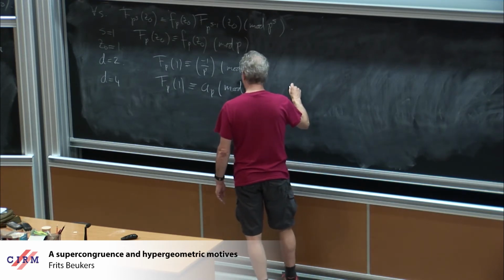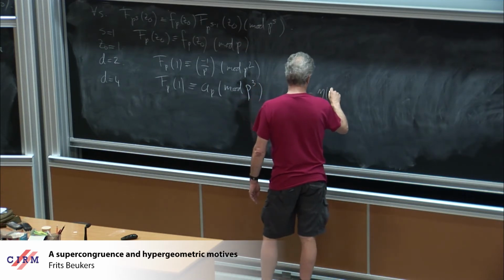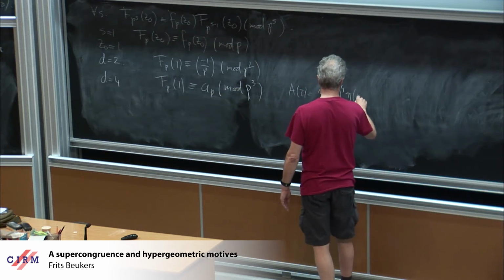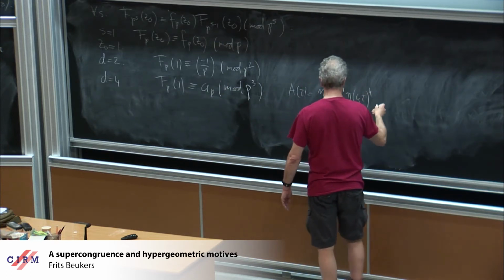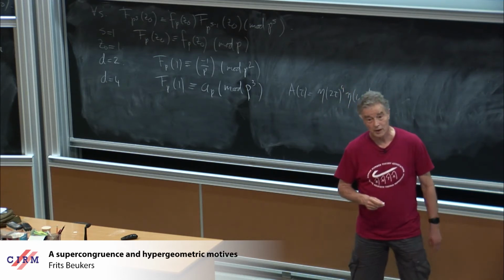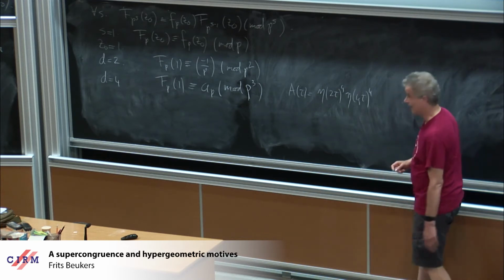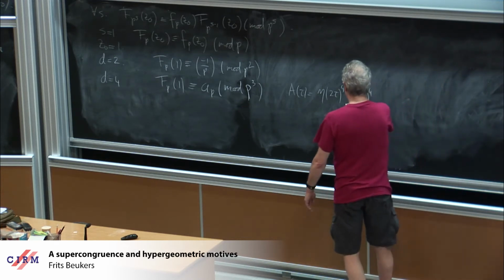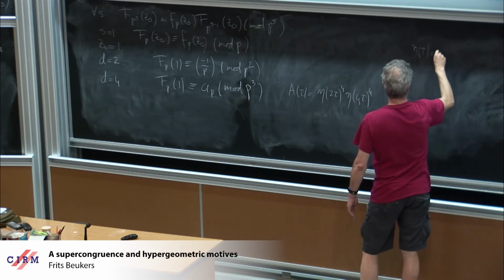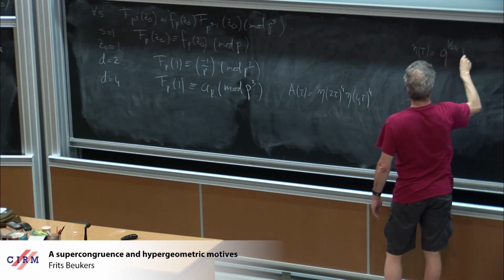We have a modular form that I like to call A of tau, which is given by the Dedekind eta function of 2 tau to the power 4, eta 4 tau to the 4, and that's basically it. This is a modular form of weight 4 with respect to the modulus of level 8, I think. Anyway, just for those of you who don't know this symbol, this is the so-called Dedekind eta function, and it's defined in this way.